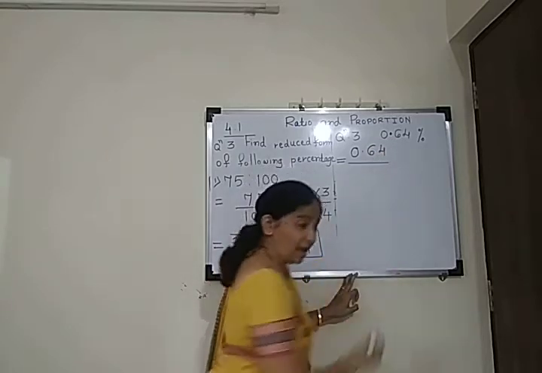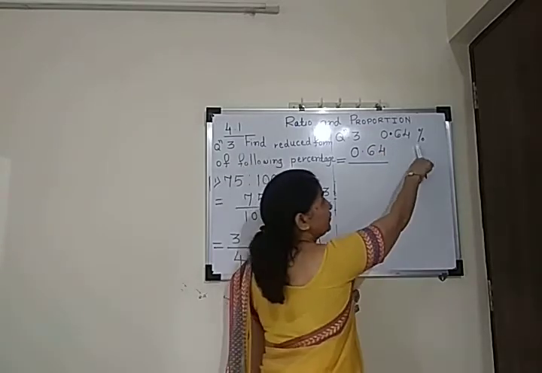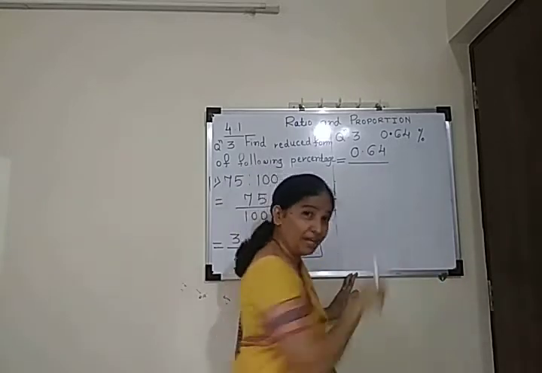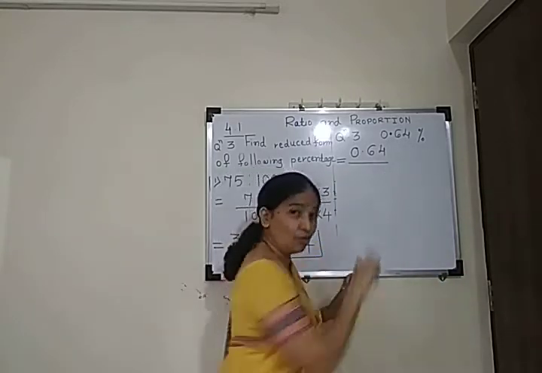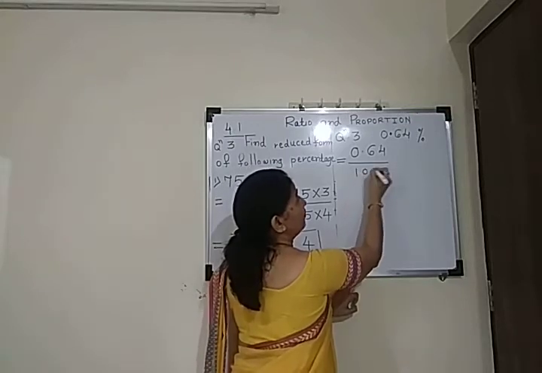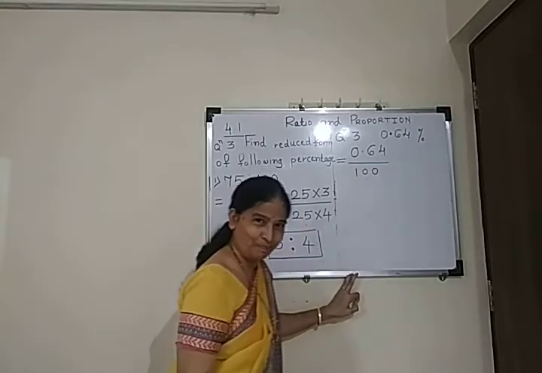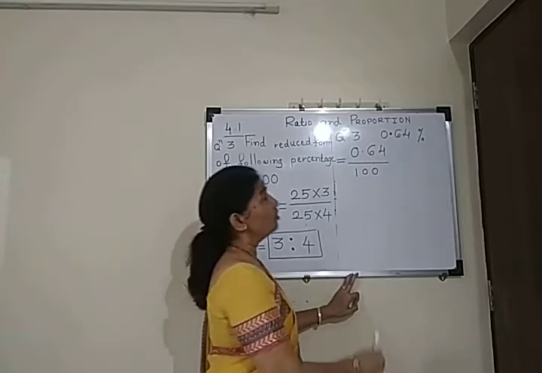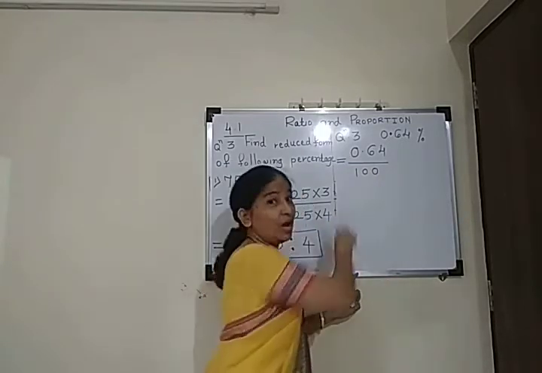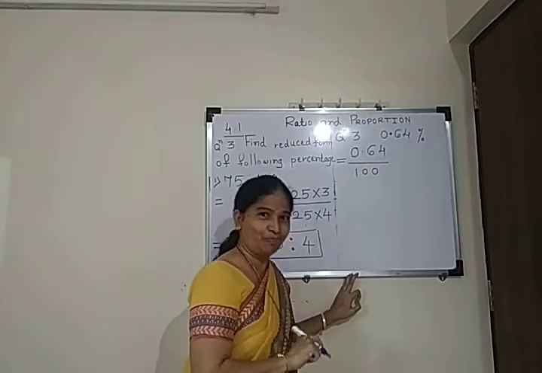As I told, this sign is a percentage, it means that in the denominator is 100. Now, I want its reduced form and at last I want to write its ratio.